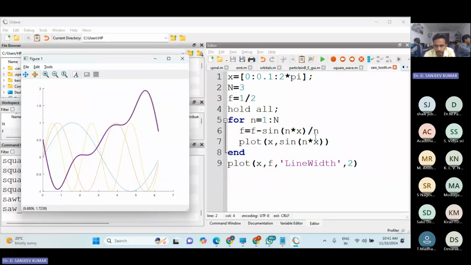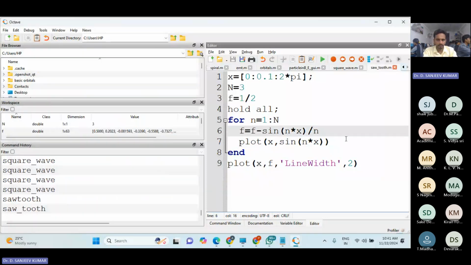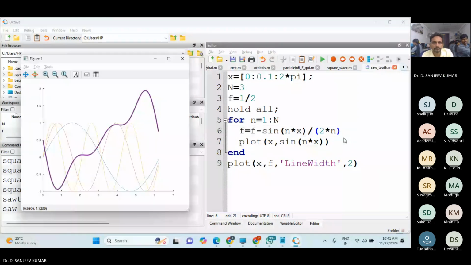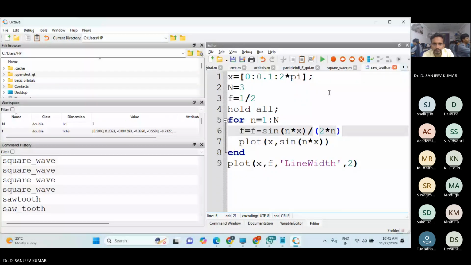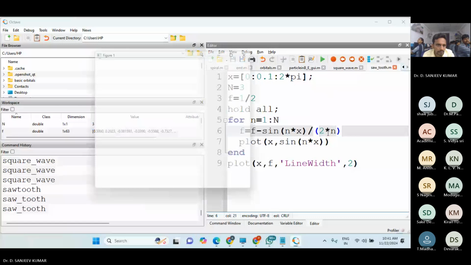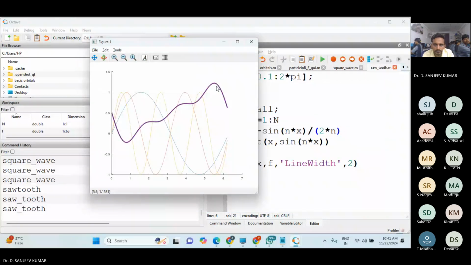Maybe that 1/2 should be included everywhere, in every term, probably. This has become off.